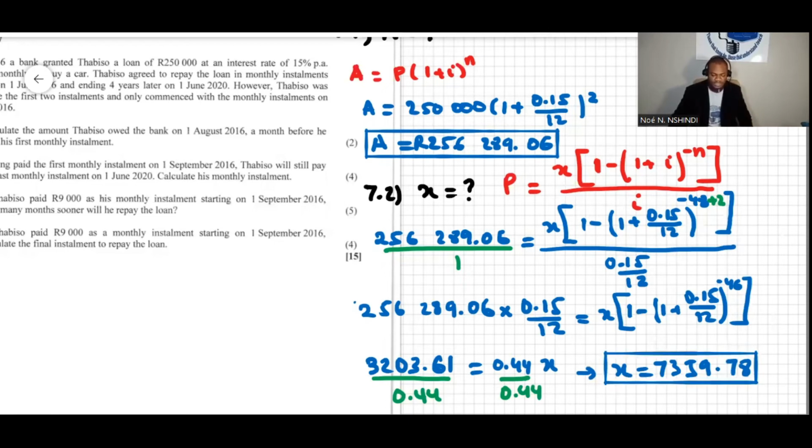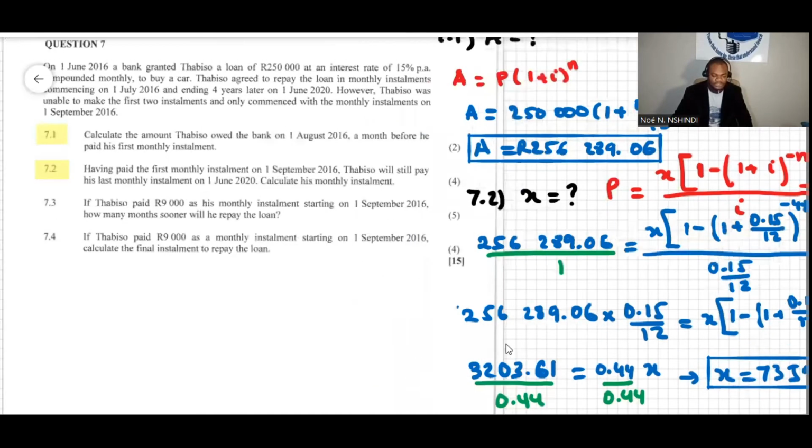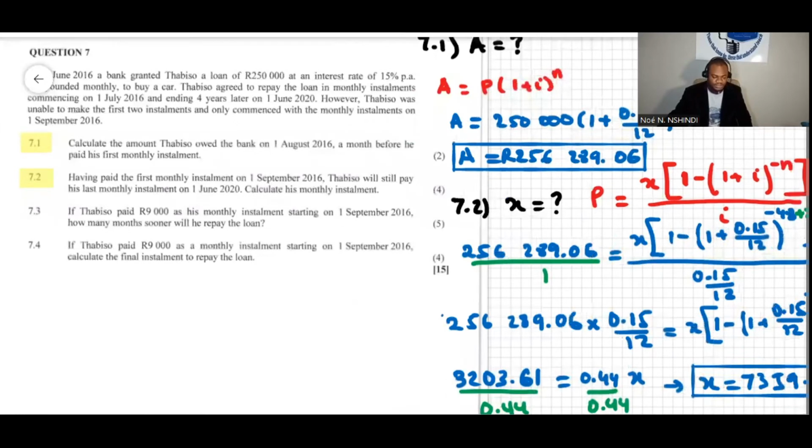Well, now the following question is question 7.3. The question says, if Tabiso paid 9,000 as his monthly installment starting on 1st September 2016, how many months sooner will he repay the loan?